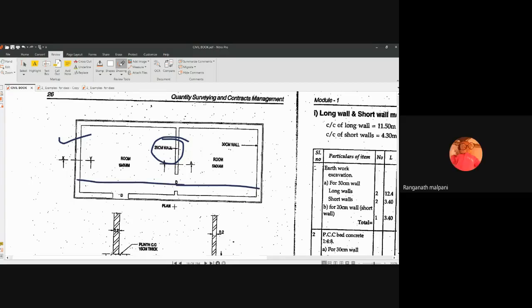How much? Sir, it is a 30 centimeter wall. But 0.23 will be 0.3 also. Correct. By practice, it becomes 0.23. Sorry. So 0.3 plus 6 plus 0.2 plus 5 plus 0.3.